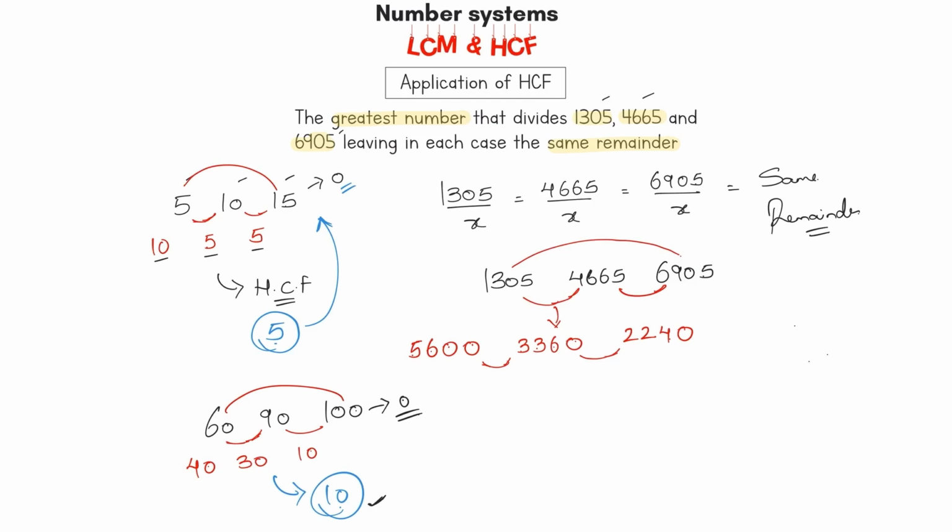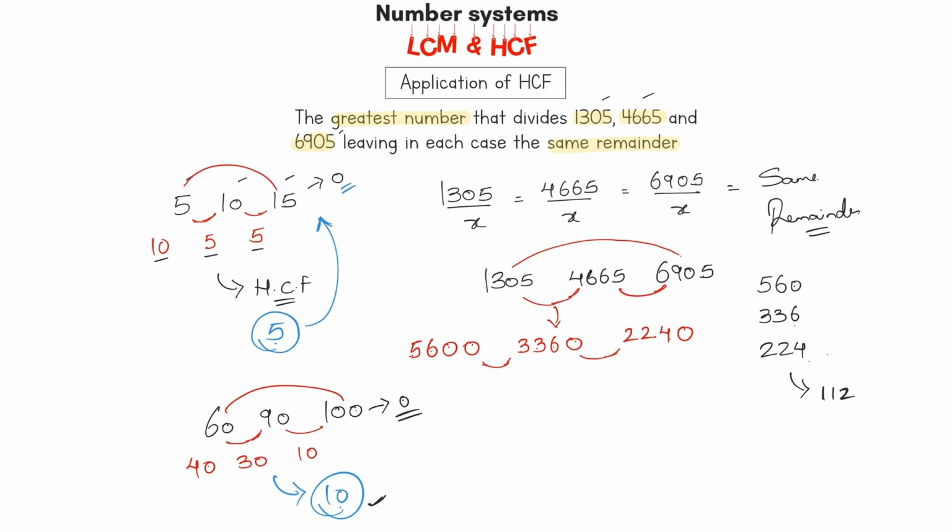That's what we did here as well. So let's first find it. Let's keep the numbers as 560, 336, and 224. I need to find their highest common factor. So can I solve this visually? Yes, I can: 112.